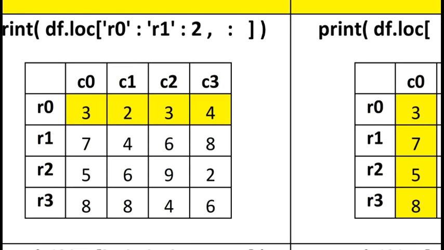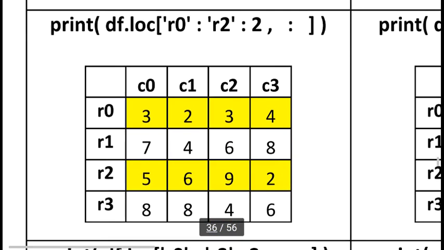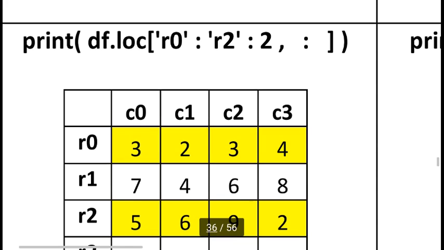Here colon 2 is not working because I am writing r0 colon r1, so this does not cross the limit. Okay, the output of this statement starts from r0, meaning 3, 2, 3, 4, colon r2.